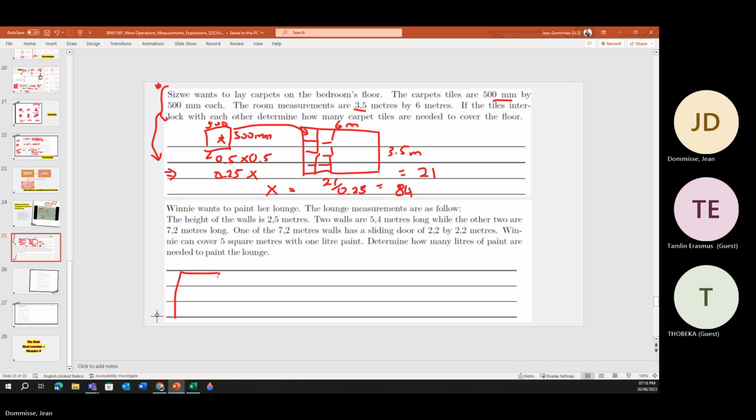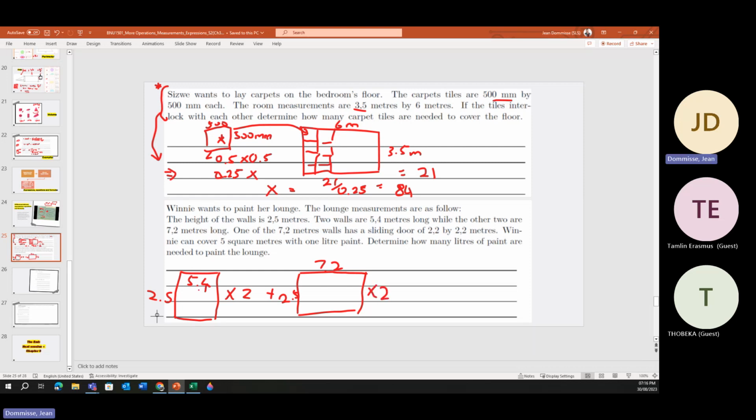Okay, so that's the height of one wall, 2.5 is the height, 5.4, and they say there's two of them, plus the others are, again, the height is 2.5, but it is 7.2 meters long. Okay, and there's two of them as well.